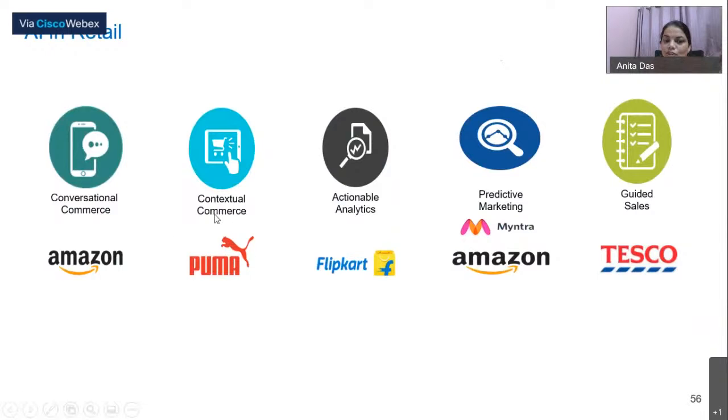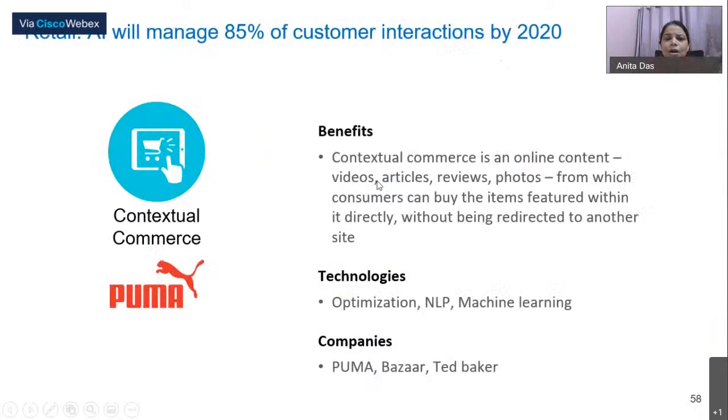Similarly, contextual commerce is like, suppose you are seeing some online content, and you liked something, and then and there you buy that, then and there you do the transaction. So you don't have to go to another site. That's contextual commerce.